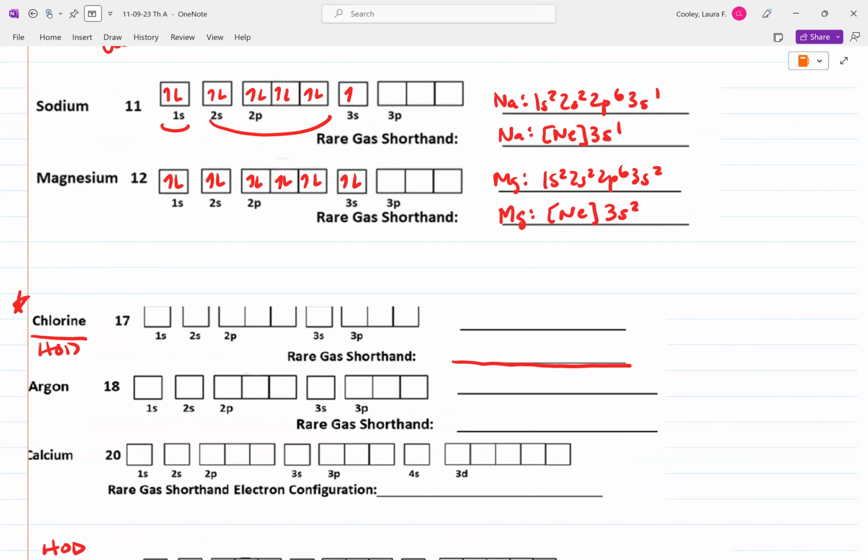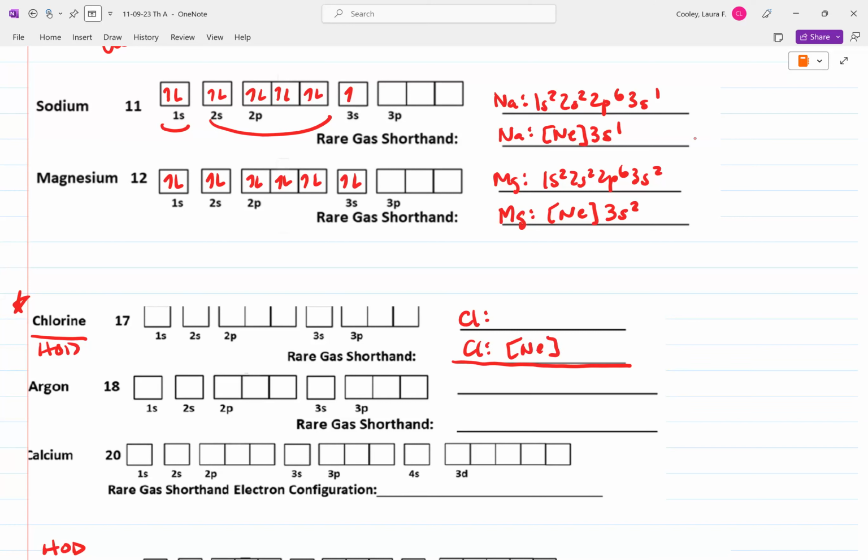If you look at chlorine, you have to go way back. Chlorine is 17. So look in the rare gas column and you see you have 18. You can't use it. That's too many electrons for argon. So you go to neon, which is 10. So you know chlorine is going to be neon.